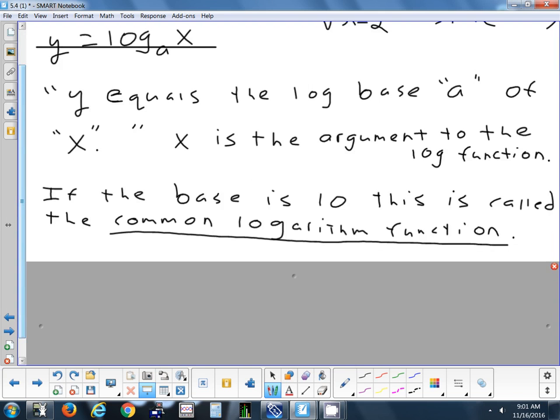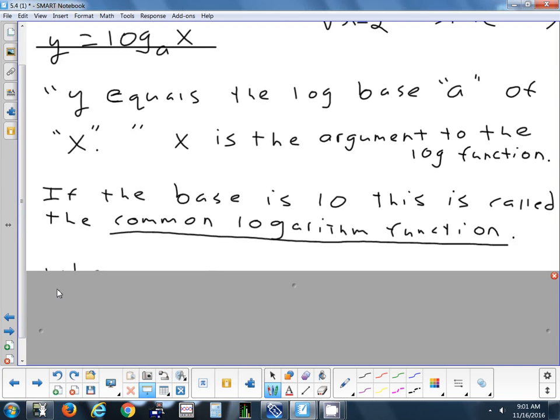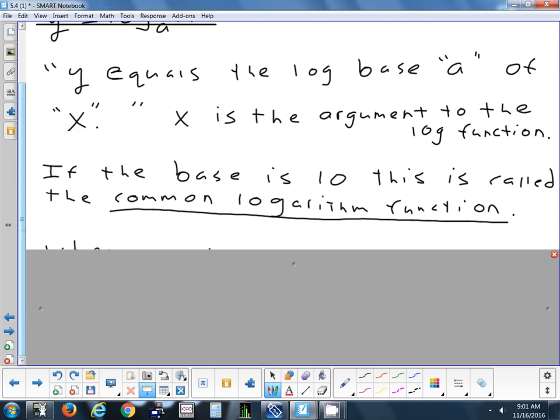Okay, and there's a button on the calculator for this. Okay, so if you wanted to find the common log of something, I'll show you in a second how you do it on the calculator. Now, a lot of times when a number is used a lot, or something is understood to be there, like in this case, I didn't put a number in front of the x, but there's something that's here, even though it's invisible.